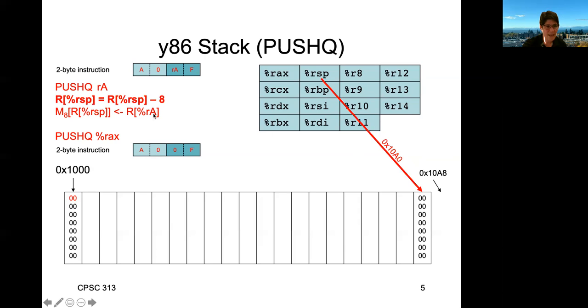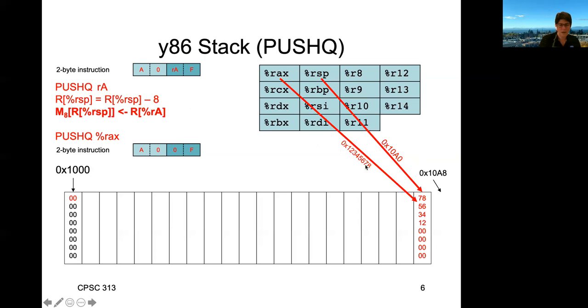Next, we're going to take the contents of the register referenced by rA, in this case RAX, and put that value into memory at the address to which the stack pointer is now referring. So we take this byte sequence, or that hex number, and put it into memory. How do we put it into memory? In little endian form.